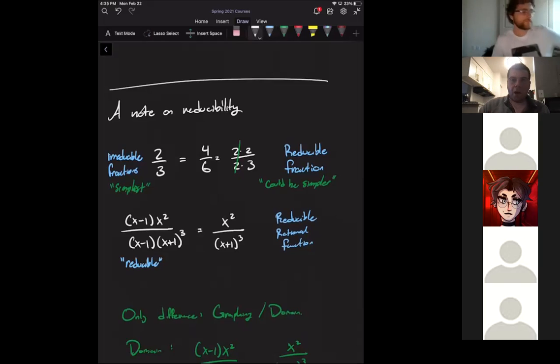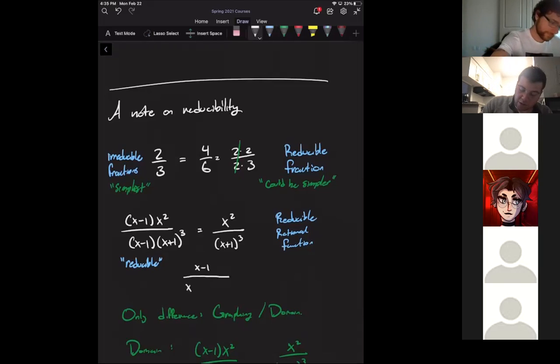I said it was straightforwardly reducible, and that's because sometimes you'll have something that's less straightforwardly reducible. You might have something that looks like x minus 1 over x squared minus 2x plus 1.